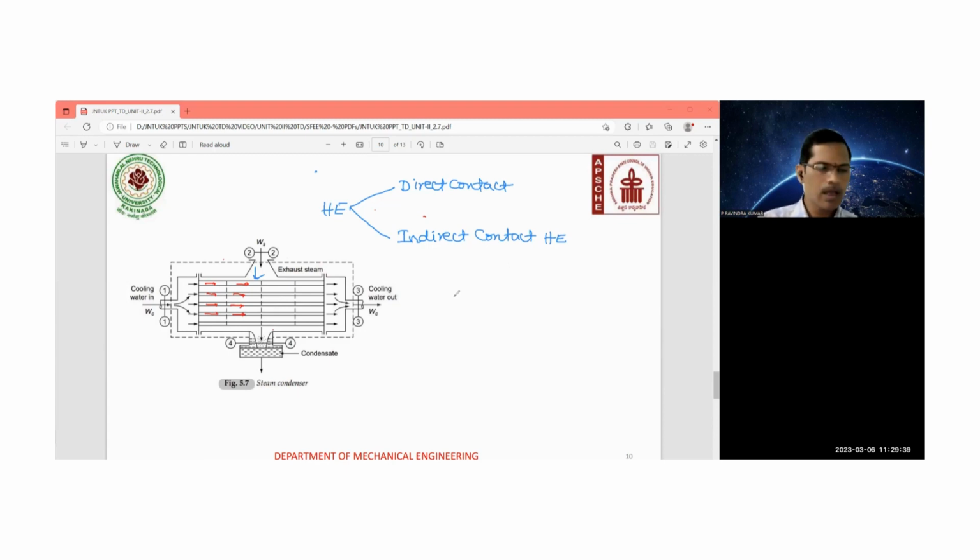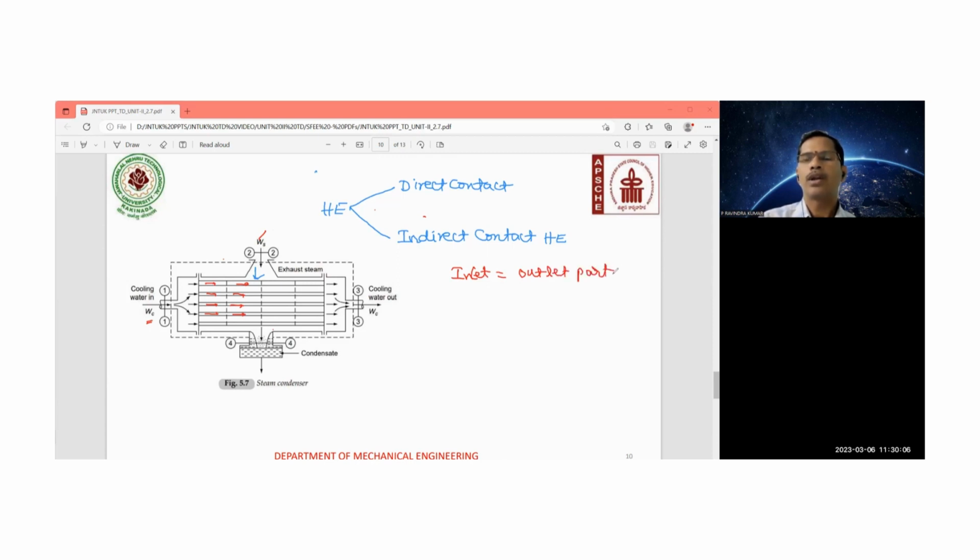What are the terminologies involved over here? When you apply that here, this cooling water WC is entering, and this steam is also entering. That is the continuity equation and the energy balance equation. So inlet part is equal to outlet part.